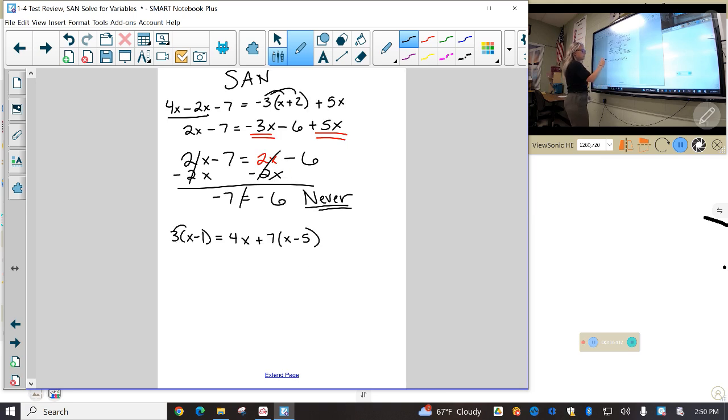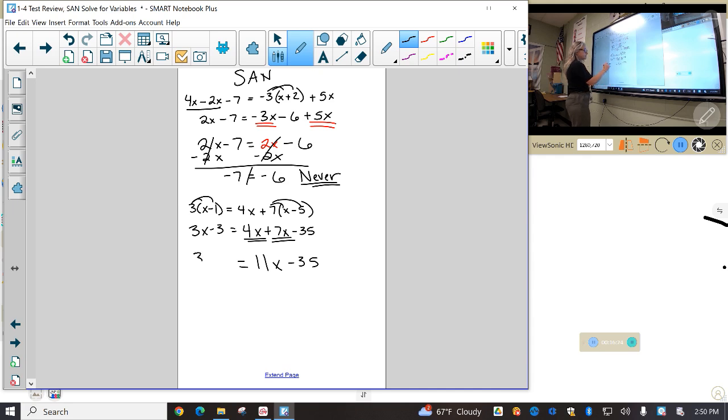For this one, I'm going to distribute 3x minus 3 equals 4x plus 7x minus 35. And distribute both of those. Combine like terms, 4x plus 7x equals 11x. Subtract 3x from both sides to get them to the same side.